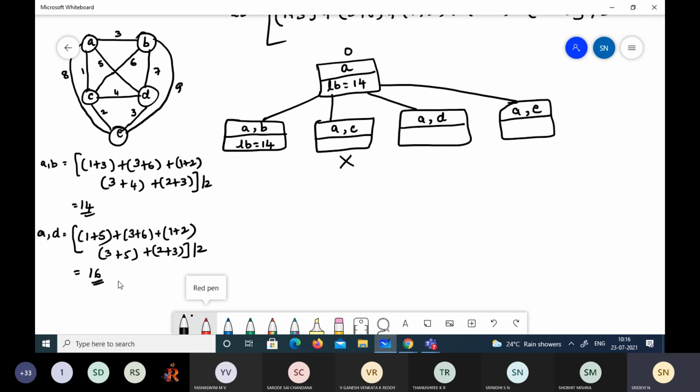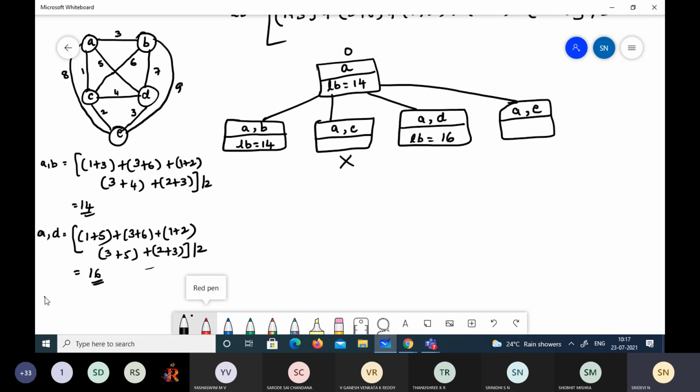One more thing: when we divide by 2 and all the distances are integers, we have to round up the result to the nearest integer. So this comes to 15.5, 31 by 2. So we'll round up to the next nearest integer. So it becomes 16. So the lower bound for this will be 16.